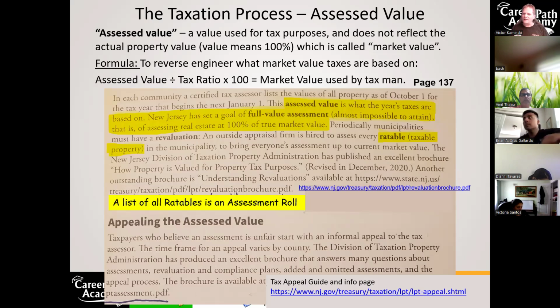So the lot sizes may be roughly the same. All the properties are probably about the same architectural style in the area, right? There's not vast differences in the architectural styles. They're either all colonials, all Cape Cods, or all ranches, mostly.